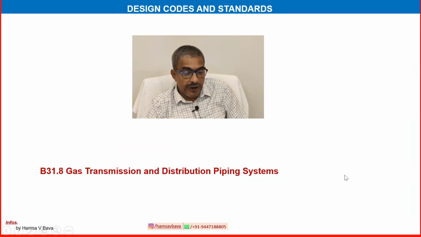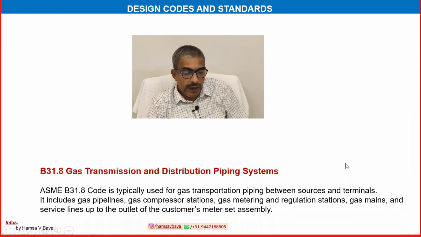Another is B31.8, gas transmission and distribution piping systems. This code is typically used for gas transportation piping between sources and terminals. It includes gas pipelines, gas compressor stations, gas metering and regulation stations, gas mains and service lines up to the outlet of the customer's meter set assembly.